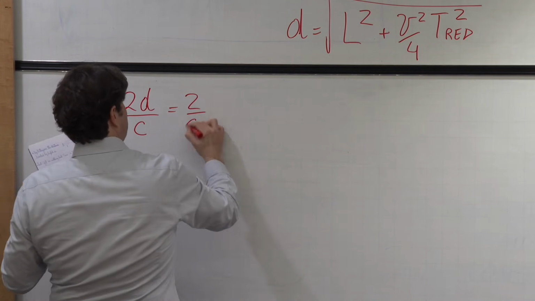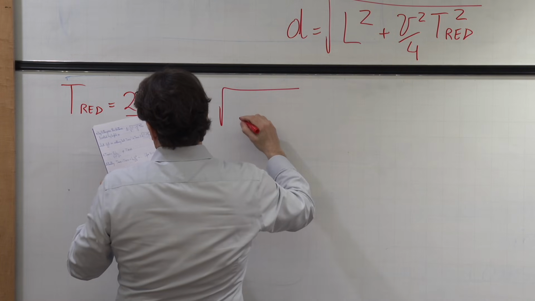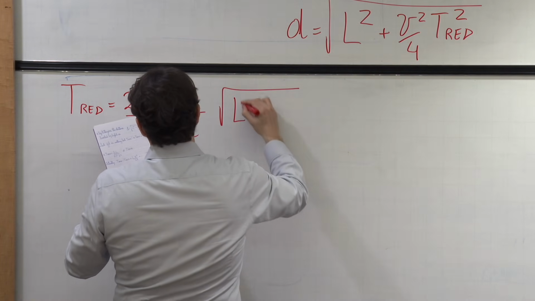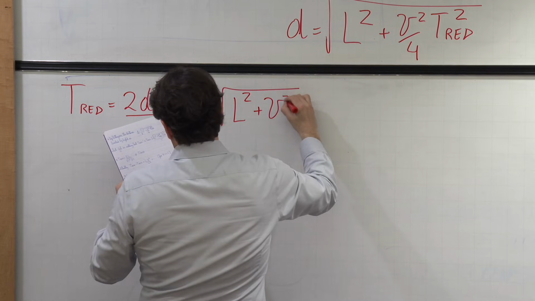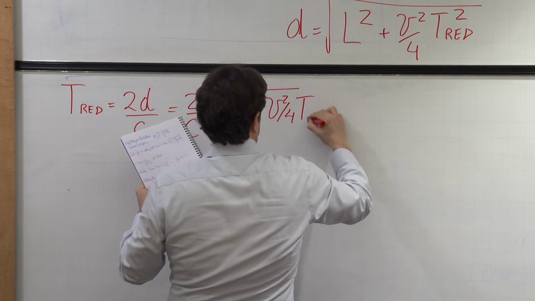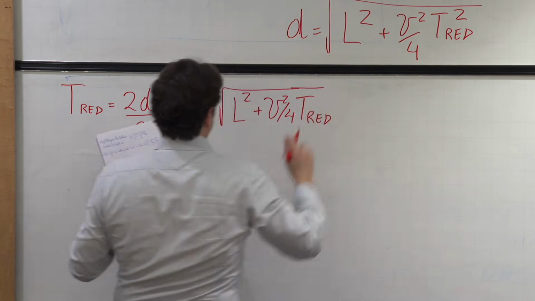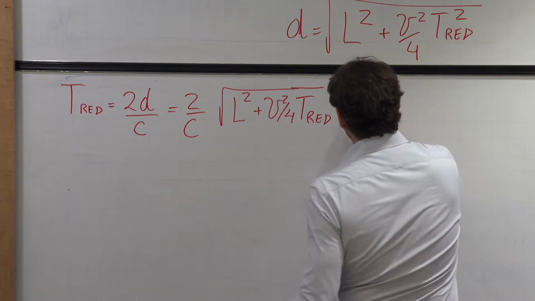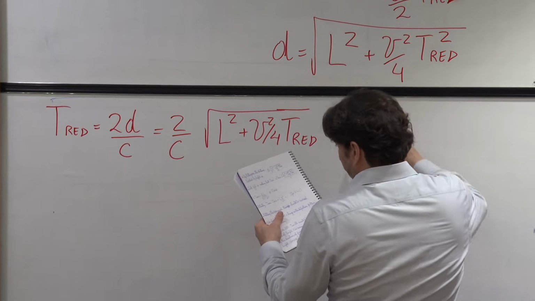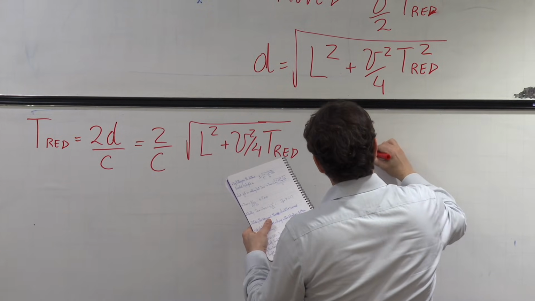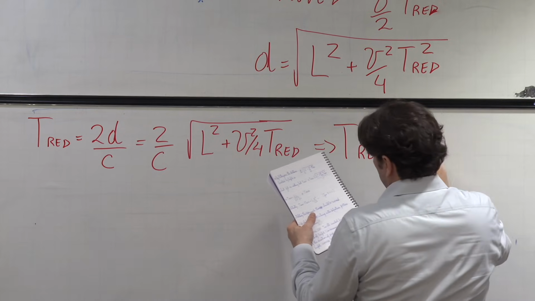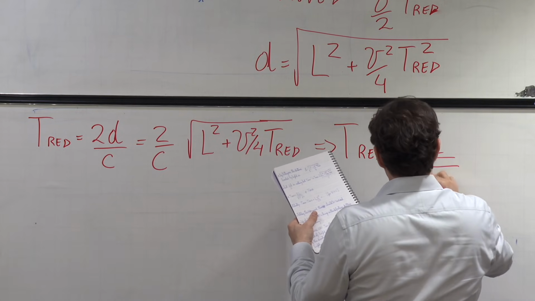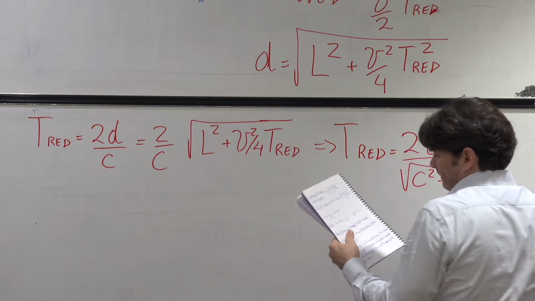So this is 2 over c times the square root of L squared plus v squared T red squared over 4, which is super cool because we now got a beautiful quadratic equation for T red, okay? So it's a very nice way to do the computation. So from here, we deduce, and you can show that T red is 2L over the square root of c squared minus v squared.